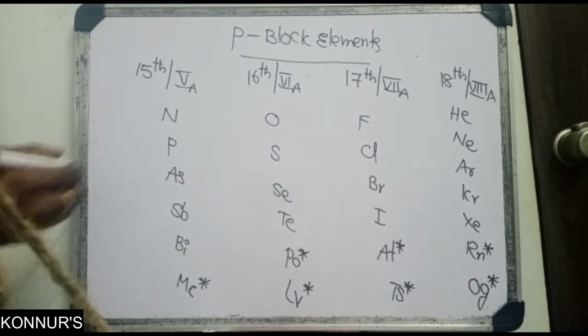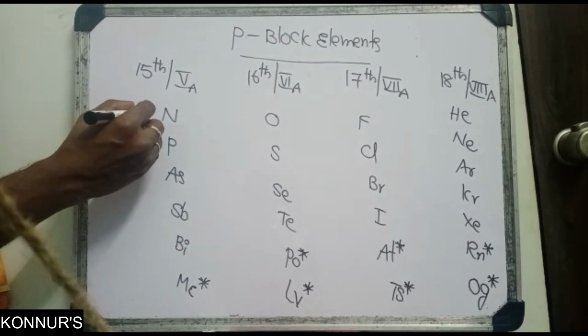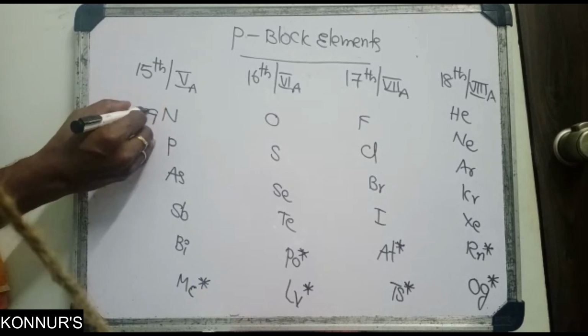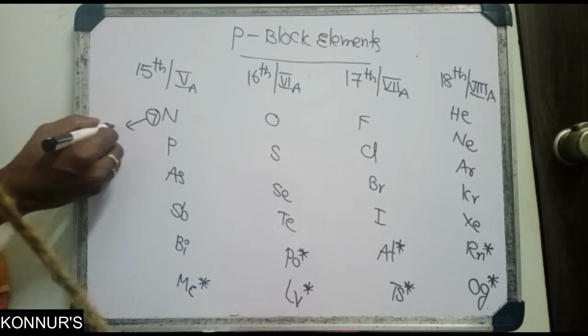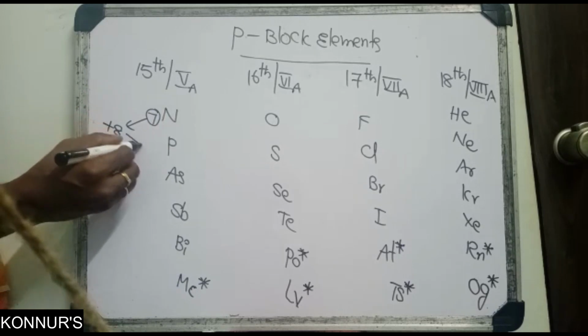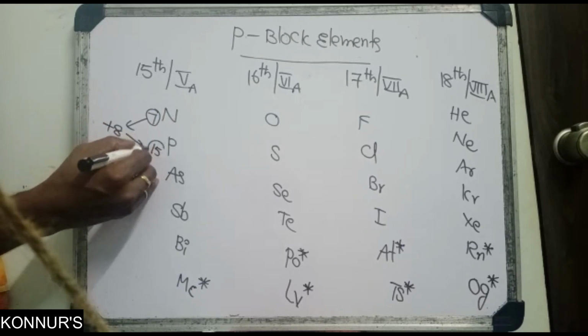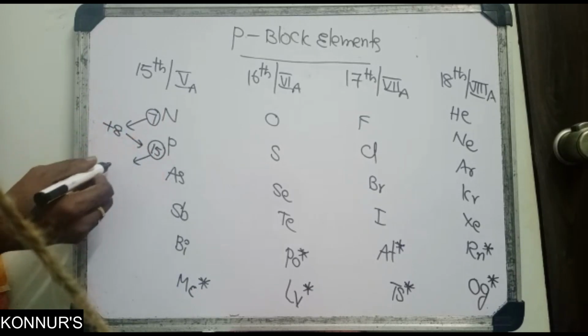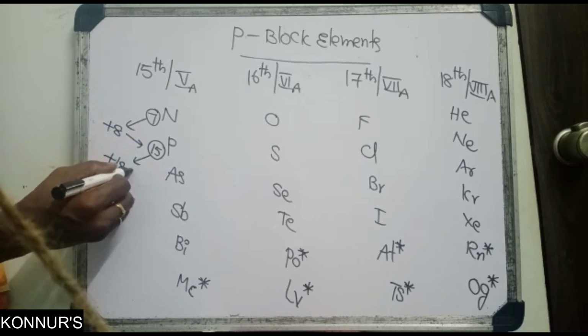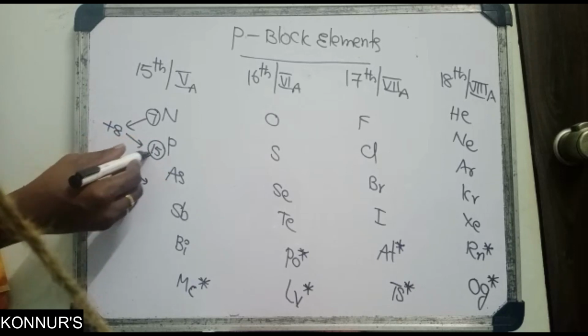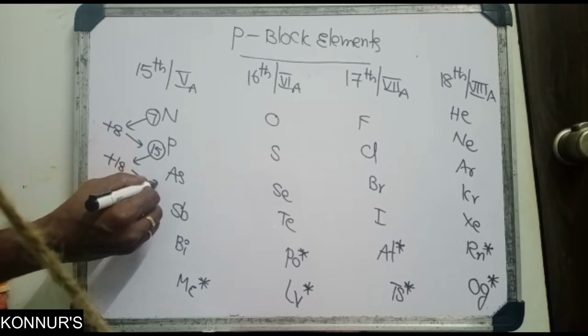Next, see the atomic numbers. So nitrogen 7, it is added with 8, so you are getting 15. Next, you add 18, so 33.